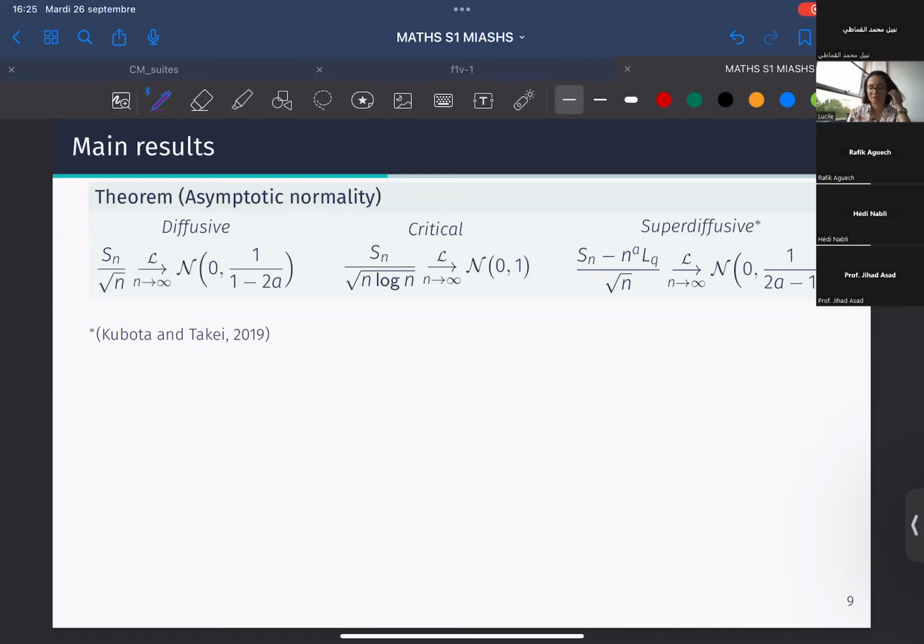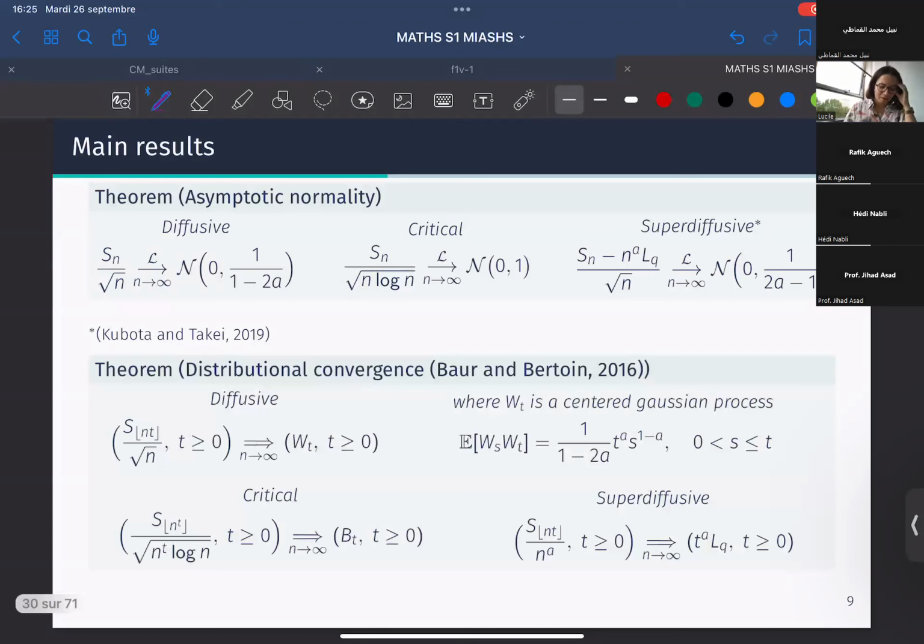A first thing that could have been helpful to know more about this random variable is that thanks to their approach and the connection with Pólya urns, Bercu and Bertoin showed that there was distributional convergence for the elephant random walk.